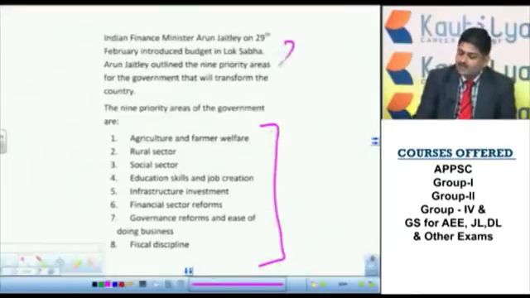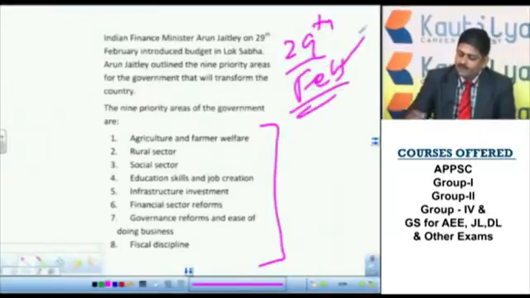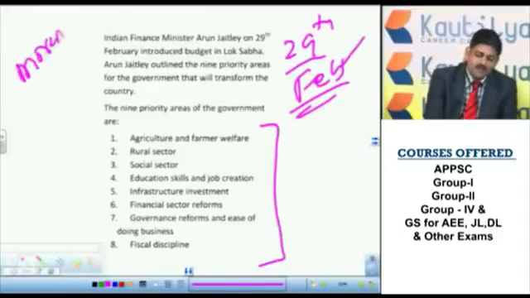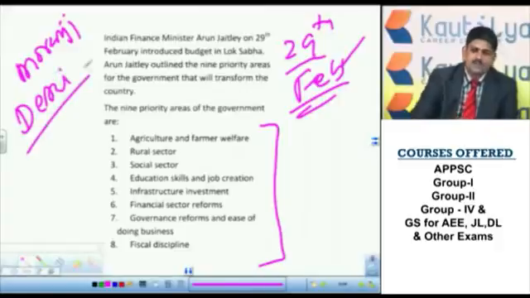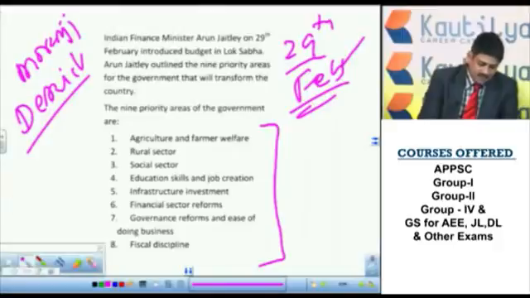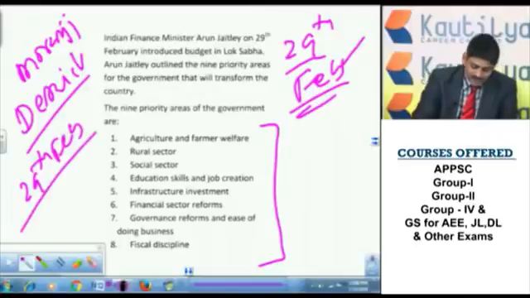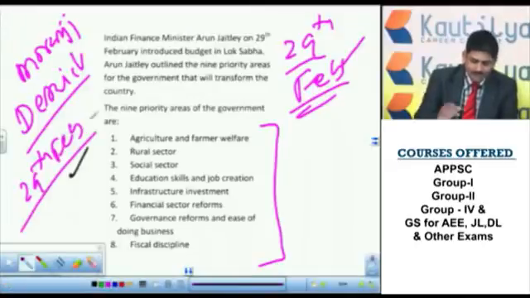So this budget was presented on 29th February. Remember, I told you about Morarji Desai: which finance minister presented the budget the maximum number of times? The answer is Morarji Desai. He was born on 29th February, so even on his birthday, twice he presented the budget.